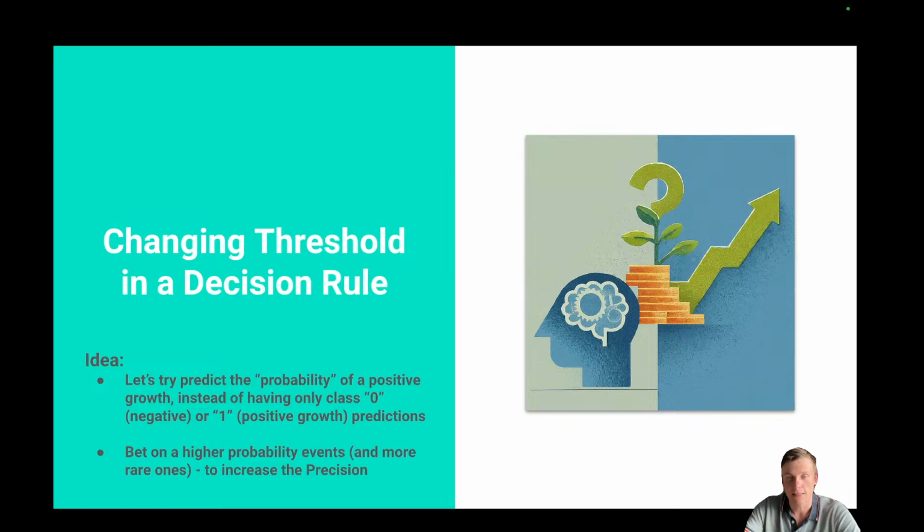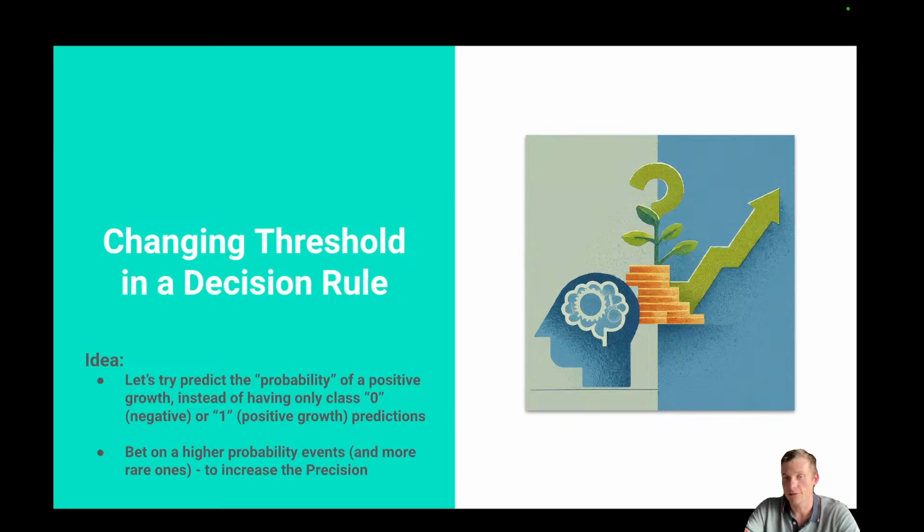And the idea is that we can use not just the classic predictions of classes 0 or 1 from the decision tree classifier or random forest classifier, but we can manually redefine the decision rules and say that if the predicted probability is more than 50% or 55% or 60%, only in that case will we define a positive growth output.